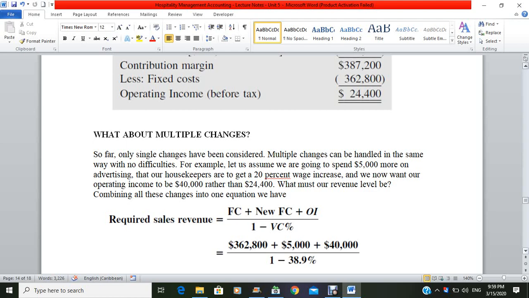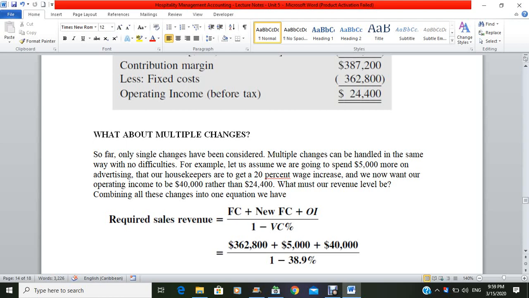Now, one, advertising is $5,000 more. Housekeeper wages have a 20% increase, which gives you the 38.9%. And now we want an income of $40,000. What must our sales revenue be in this case? You might think this is a lot of fuss, but not necessarily.